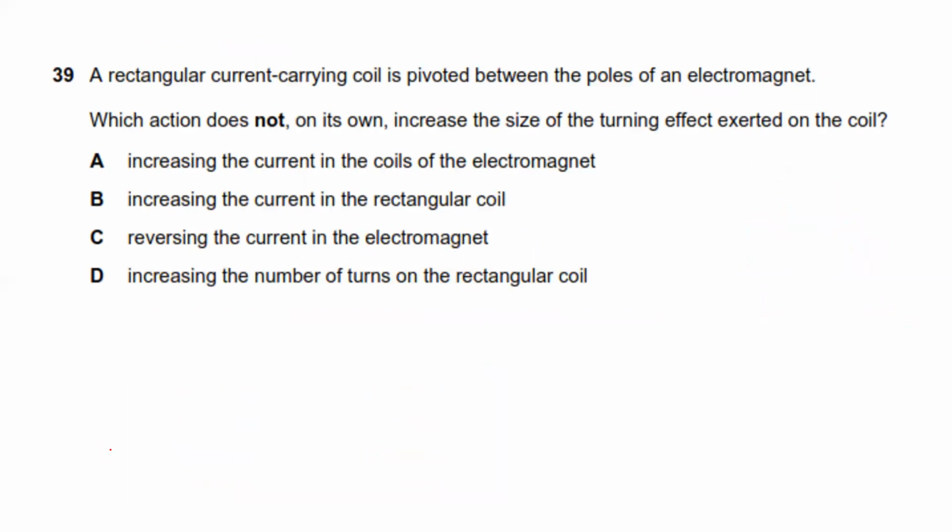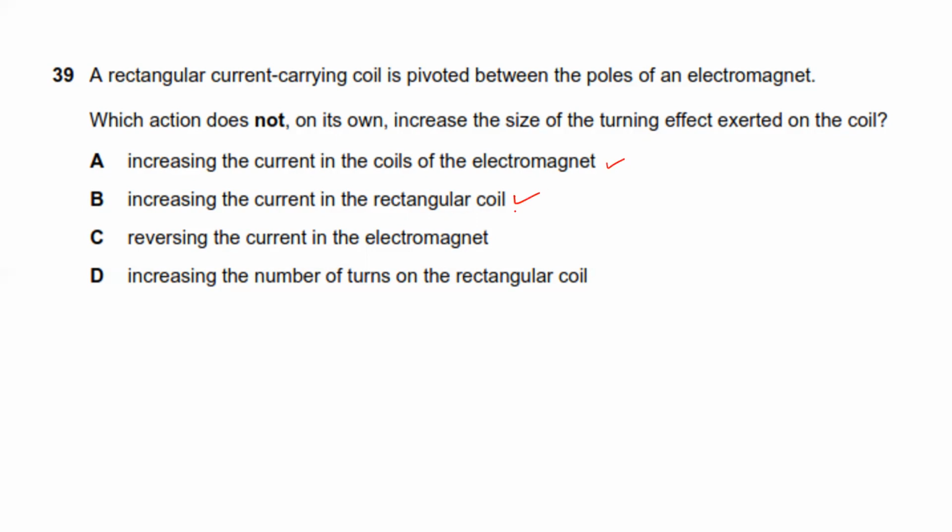Next question, question 39. It says a rectangular current carrying coil is pivoted between poles of an electromagnet. Which action does not on its own increase the size of turning effect exerted on the coil? Increasing the current in the coils of the electromagnet, yes, the coil will start to turn faster. Increase the current in the rectangular coil, it will again change.